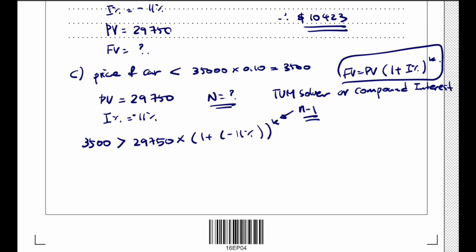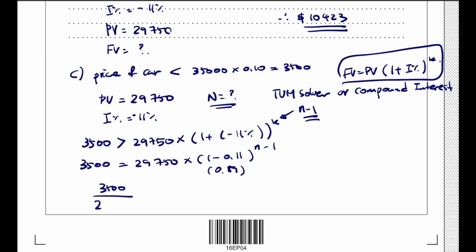Then we can say 3,500 equals 29,750 times 1 minus 0.11 to the power of n minus 1. 1 minus 0.11 is the same as 0.89, right? So this is the same as 3,500 over 29,750 equals 0.89 to the power of n minus 1.